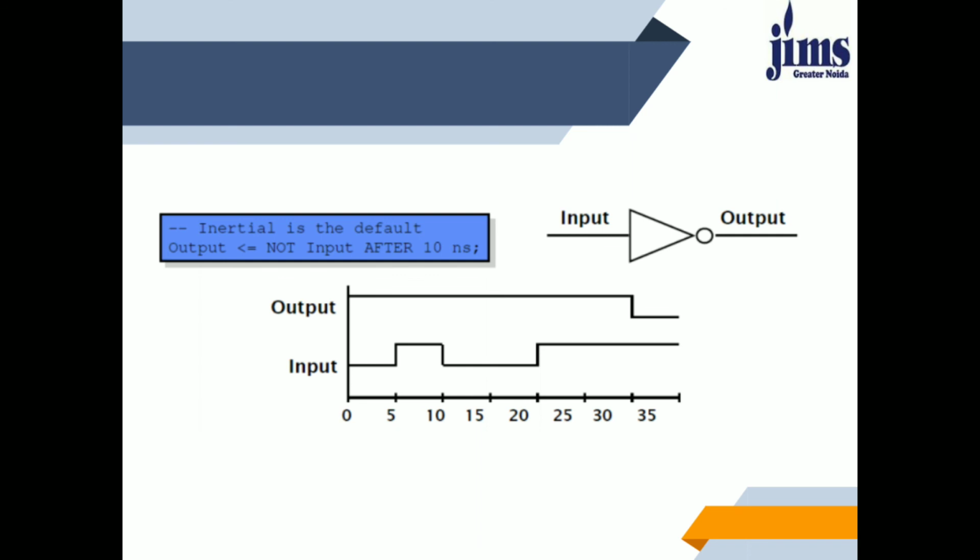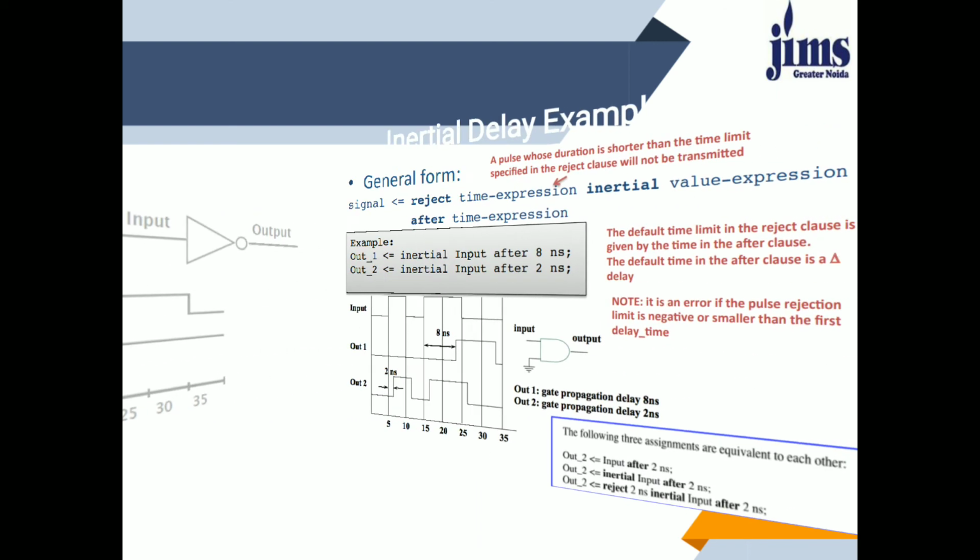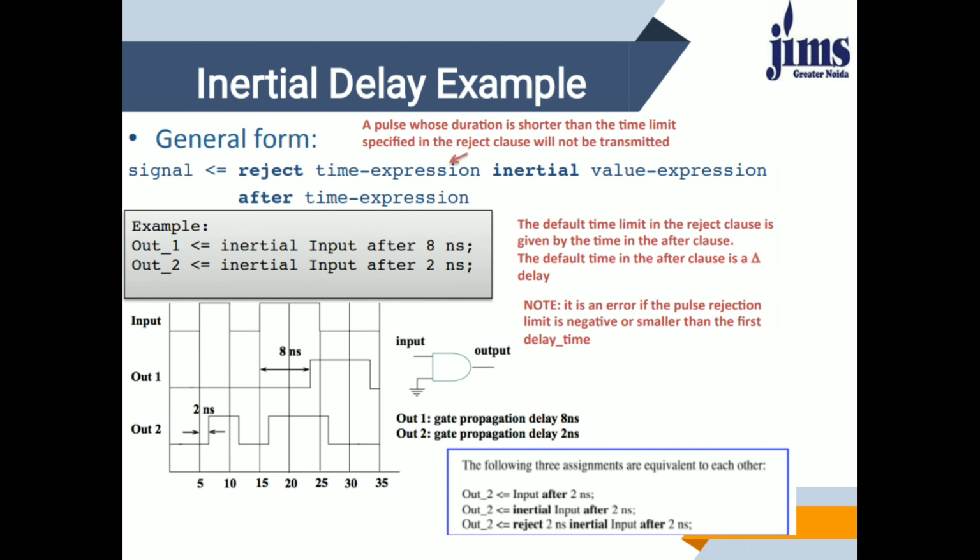This is the simplest way, but if we define the pulse rejection limit, then what happens? See here, the syntax which I have told you, the general form, is: signal assigned a value, then we write reject, then a time expression, that is, the pulse rejection limit.